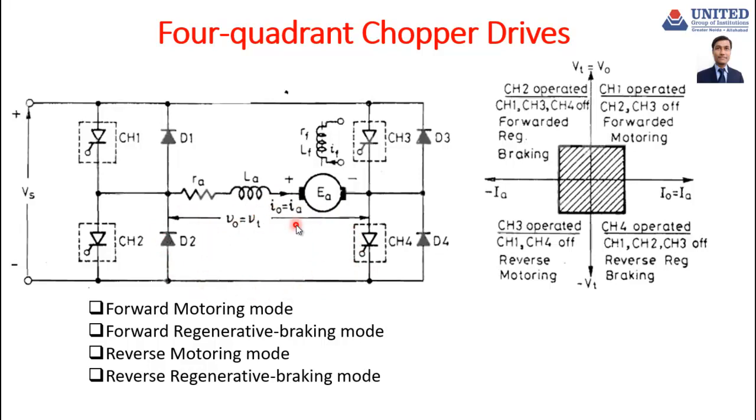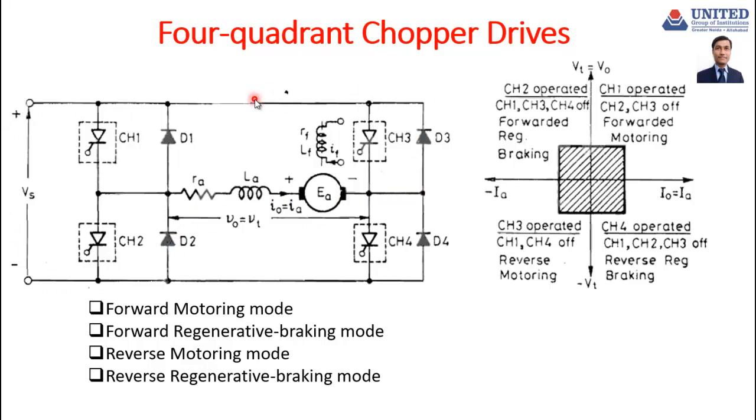If both the switches CH1 and CH4 are turned off, then armature current is forced to decay through diode D3 and diode D2, like that.